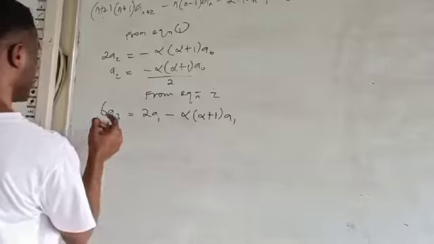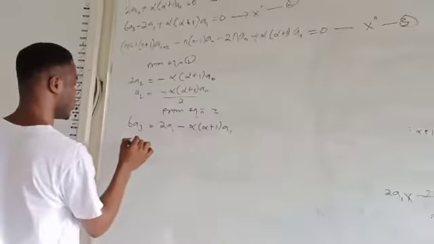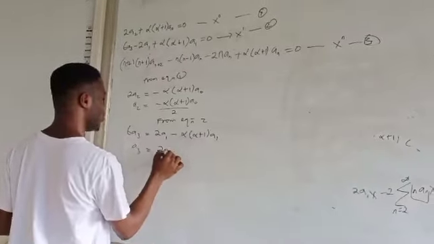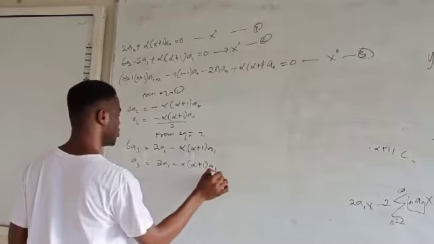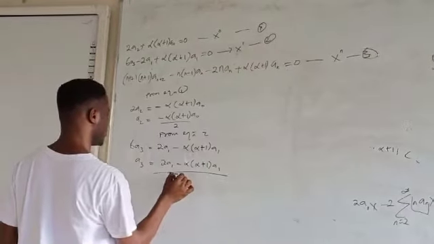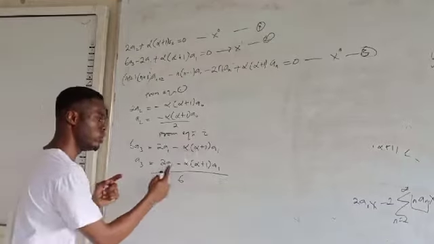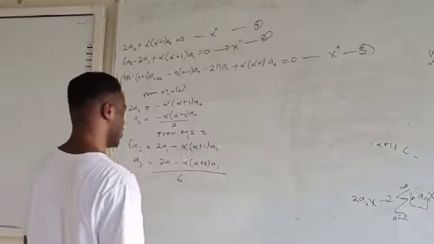Okay, so the next one is to make a3 the subject of the formula. So a3 is equal to 2a1 minus alpha bracket alpha plus 1 a1 divided by 6. Since a1 and a1 are the same, let's factor out the a1.